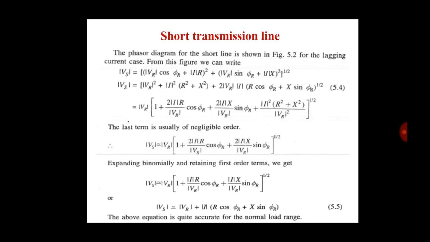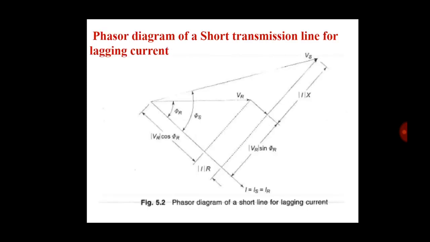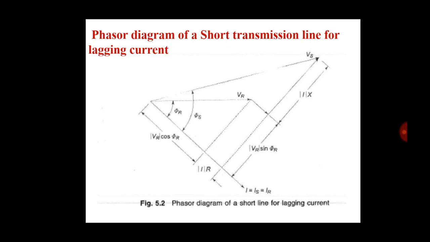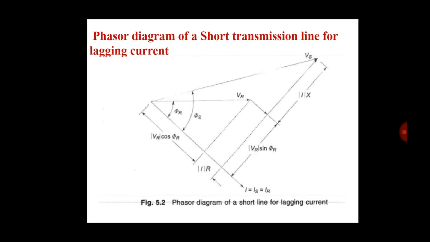The phasor diagram for the short line is shown in the figure for the lagging current case. We take VR as a reference. So we draw VR first, and then at phi r degrees lagging, we draw the current IR vector.